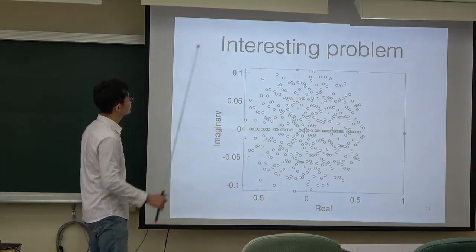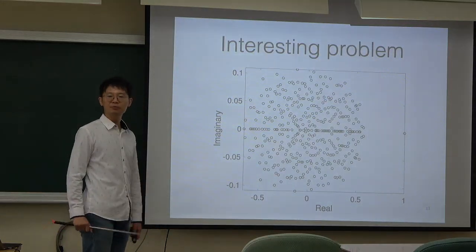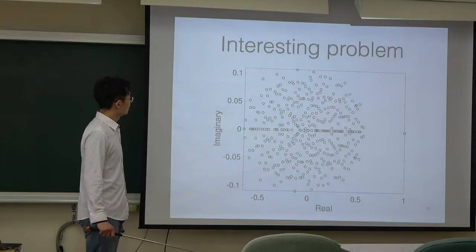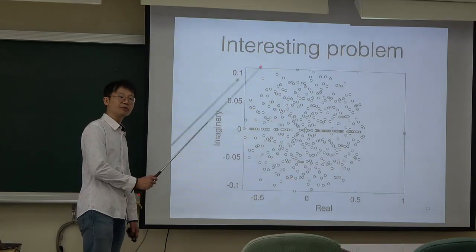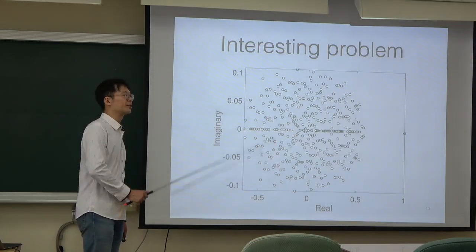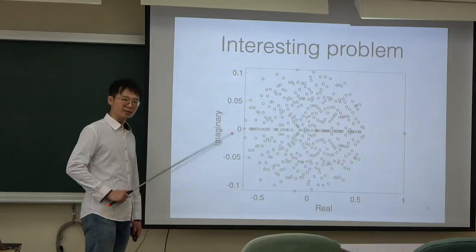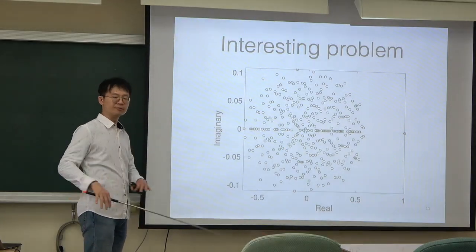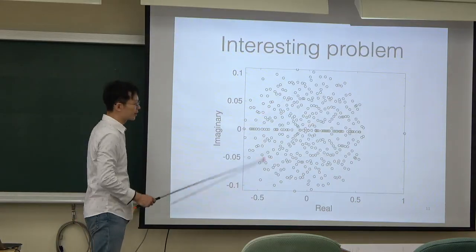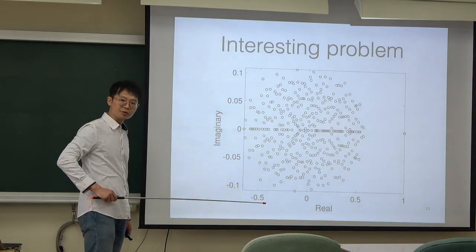And there are some interesting problems which are relatively open. We don't know what's going on. For example, this is the distribution of the eigenvalues of the LLE matrix when the data is sampled randomly without any manifold, just random Gaussian noise. You run LLE and you get an LLE matrix, which is non-symmetric.